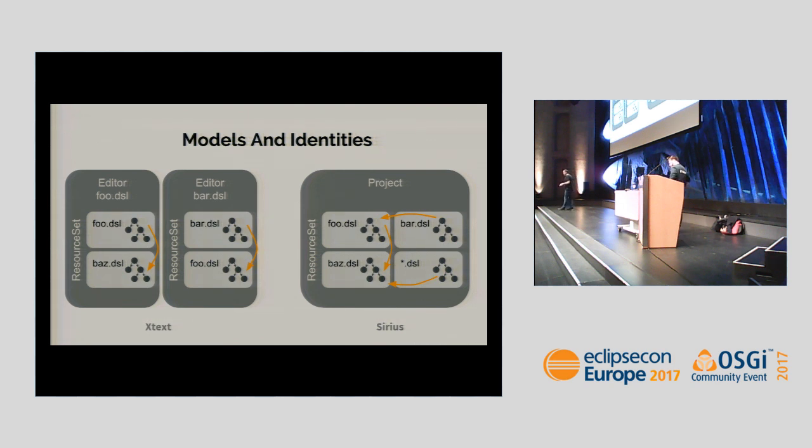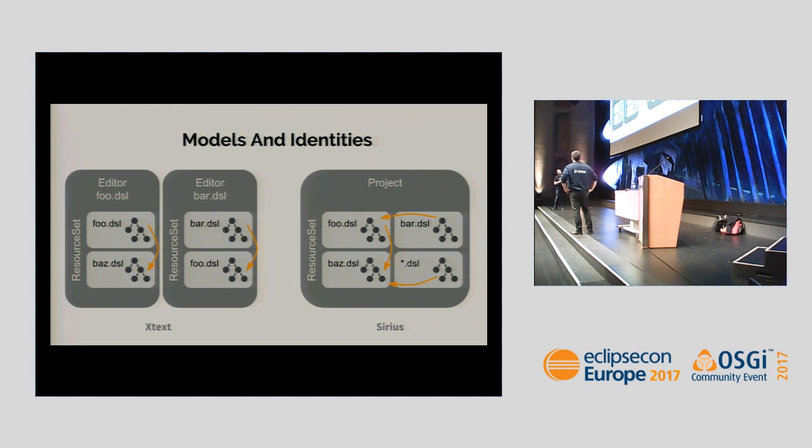The other difference is how the models are managed in memory. In Xtext, whenever I open a DSL file, the editor gets its own resource set, and within this resource set, it loads the file, the resource that I want to edit, but also everything that it refers to, all the dependencies.